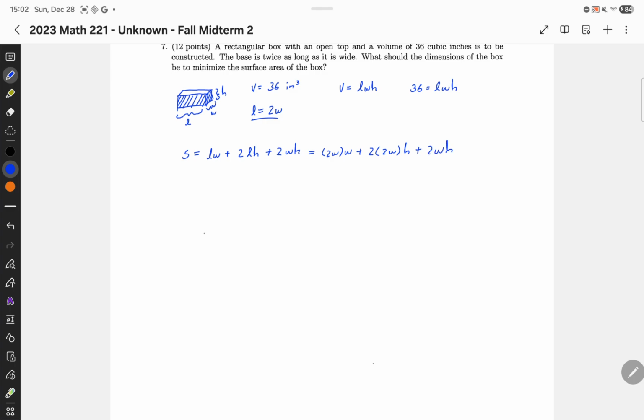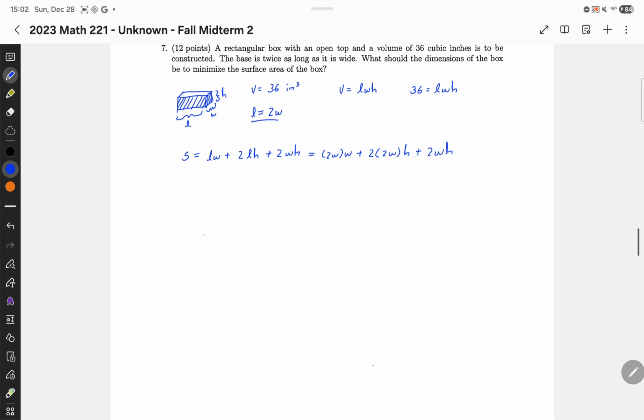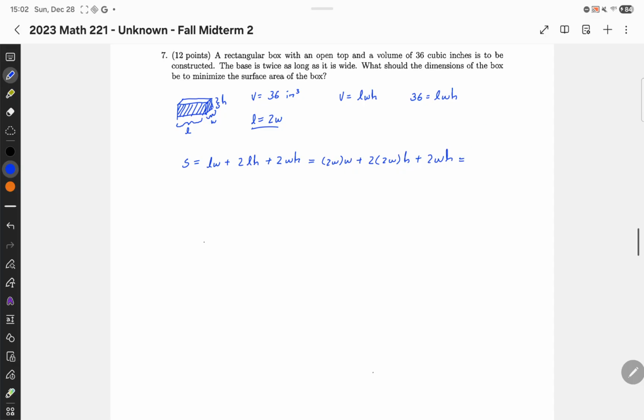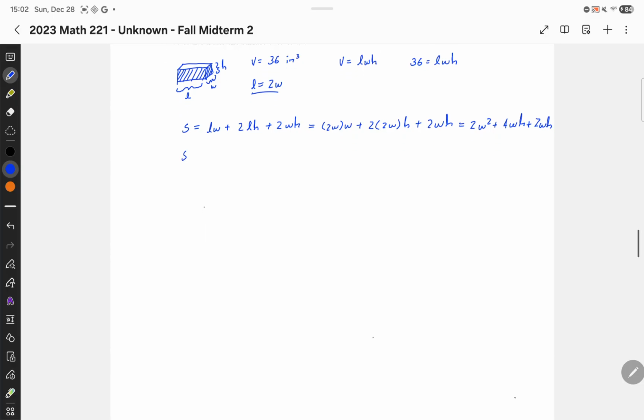This one doesn't change. And this is going to be equal to 2 times W squared plus 4WH plus 2WH. So rewriting, we get that S is equal to 2W squared plus 6WH, just like that.